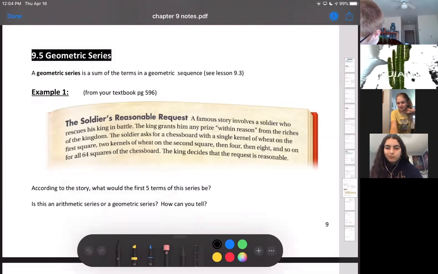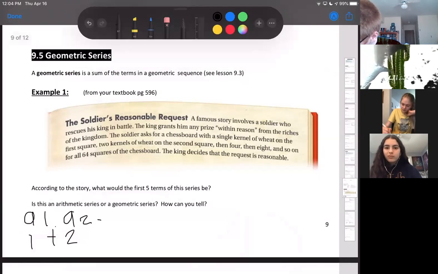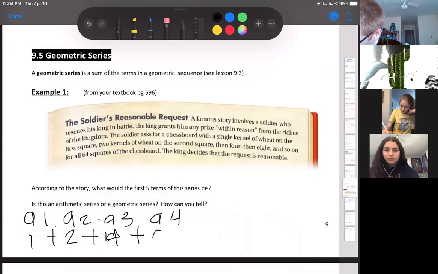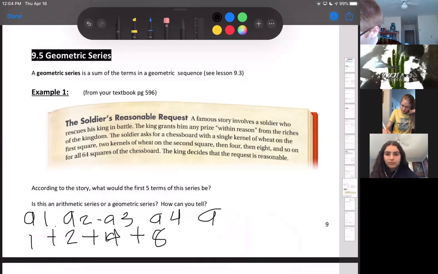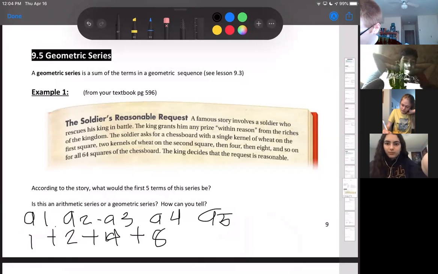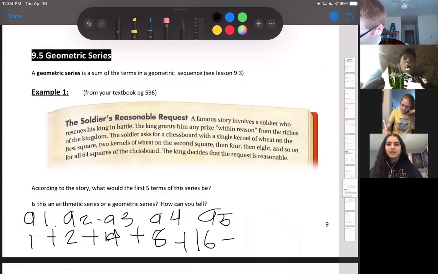Your first term would be 1 kernel. Your second term would be 2. Your third spot on your chessboard would be 4. Your fourth place would be 8. And your fifth place would be what? What's the pattern? 16.